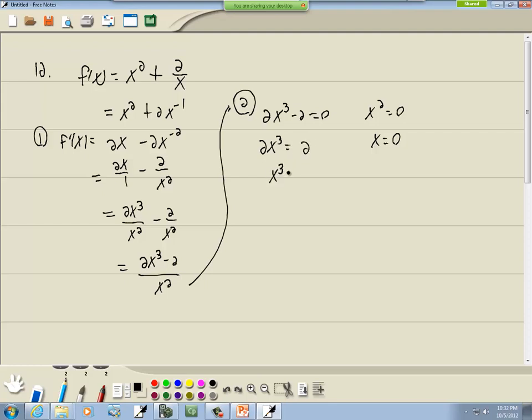Divide both sides by 2, and we get x to the 3rd is equal to 1. Now x to the 3rd is like x to the 3 over 1 power. And we can take both sides to a reciprocal of that. So we'll take both sides of the 1/3 power. Those 3's cancel, those x's cancel, and 1 to any power is 1. So we got two values to check, 0 and 1.